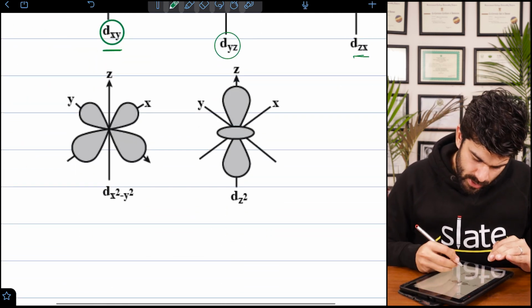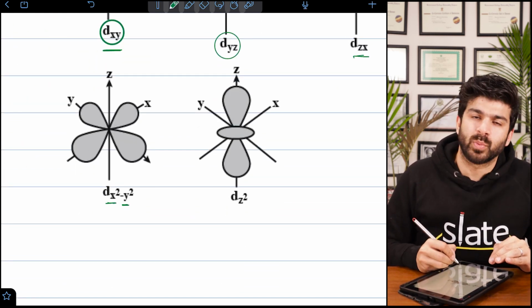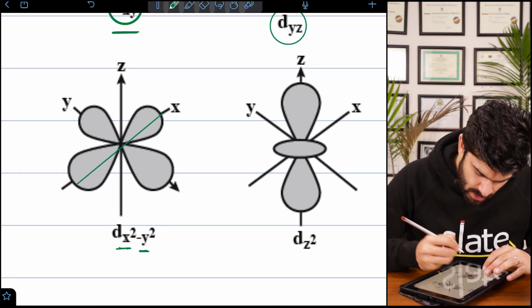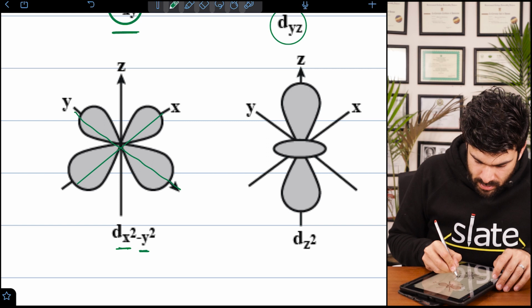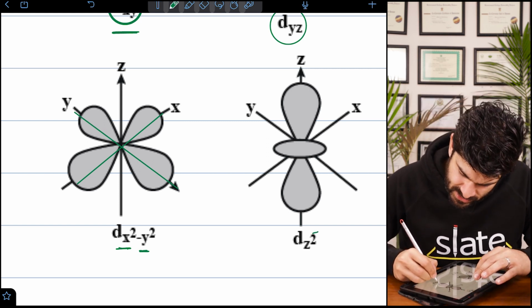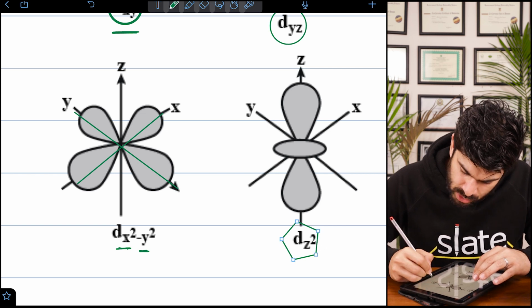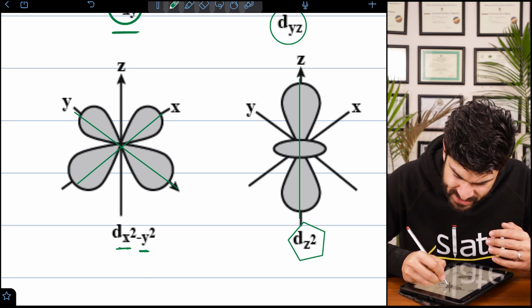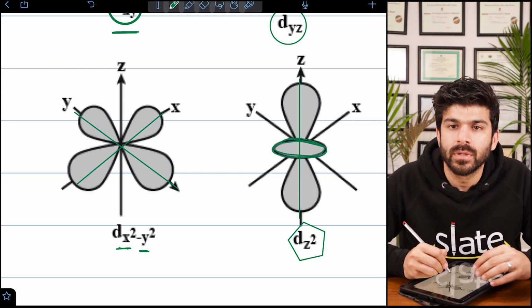But there are 2 more. x square minus y square: one lobe lies on x, one lies on y. So that is one shape. And the other one, z square, both lobes will just lie on the z axis and there will be a central lobe.